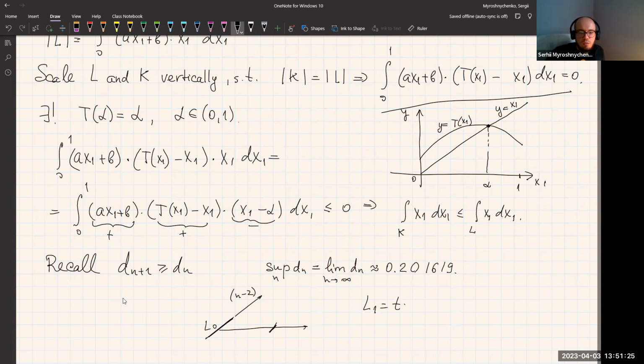L1 will be the scaled version of L0 plus some shift, just shift along the x1. This will be your L1. And then you build L2 equal to L1, but rest right above it. Right, so it's kind of, again, the same pictures that we had in R3, but you start with, again, n minus 2-dimensional convex body.